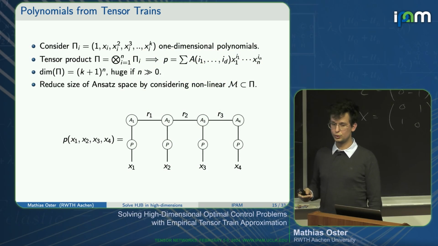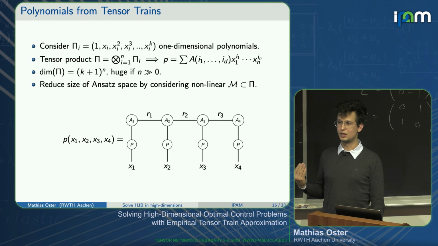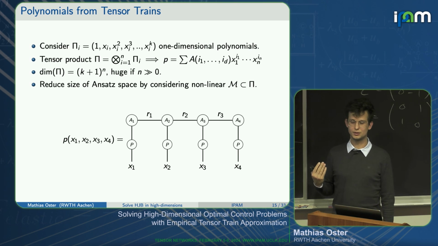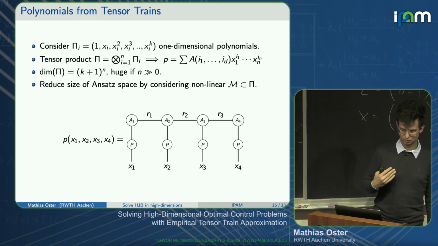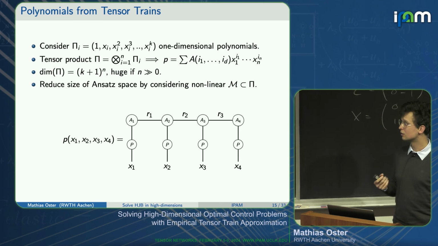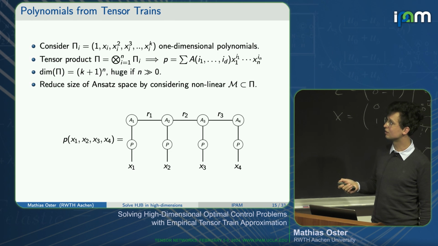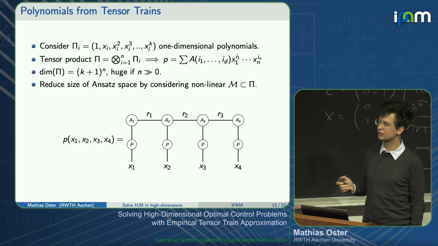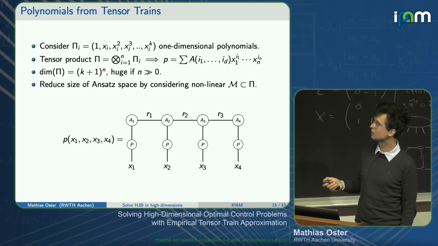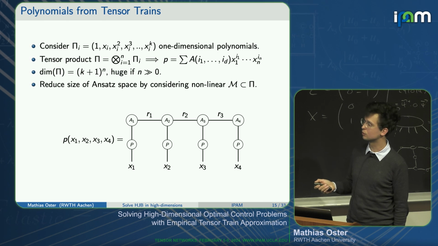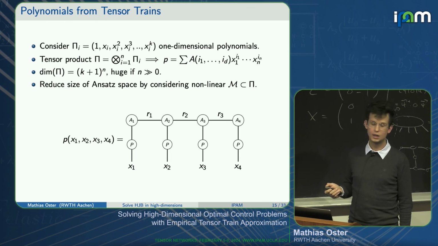So we use something that we call, in our group, functional tensor trains. I don't know if this is the same word everywhere. The idea is that we take some one-dimensional, univariate bases, in this case the monomials from 1 to degree k. And then you look at the tensor product of this polynomial basis.